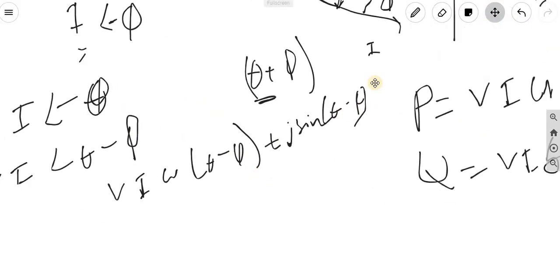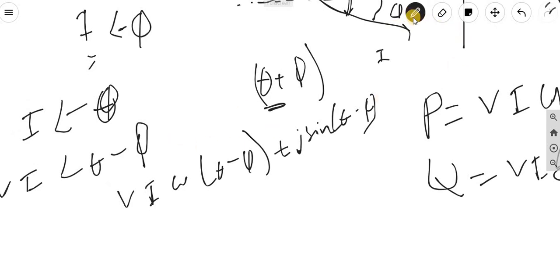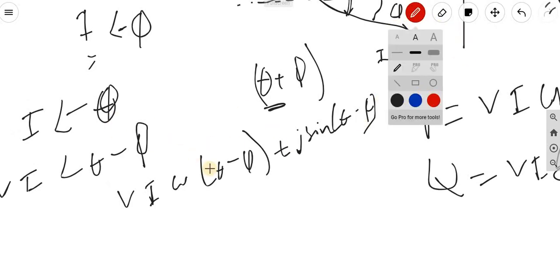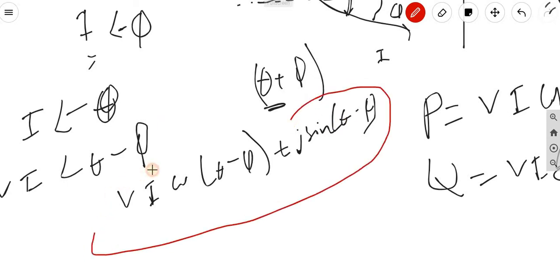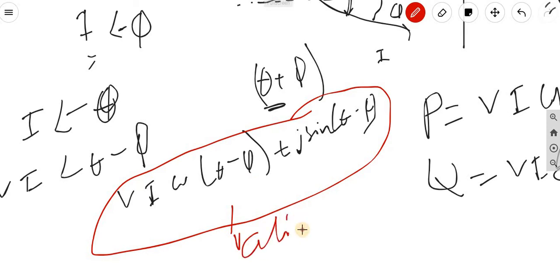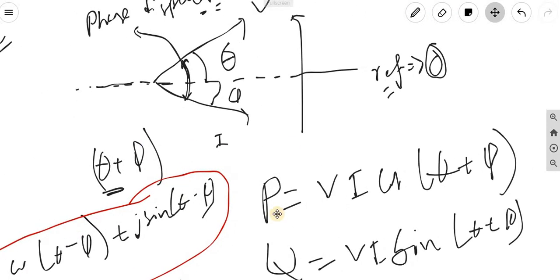So this expression is not valid, because what we are interested in is active power and reactive power, and the phase difference between these would be theta plus phi.